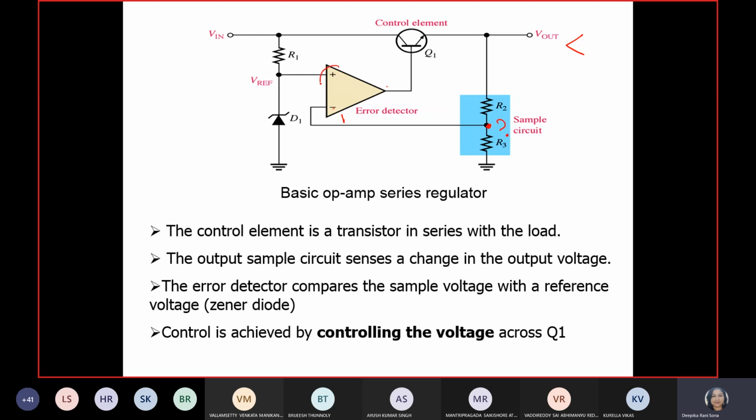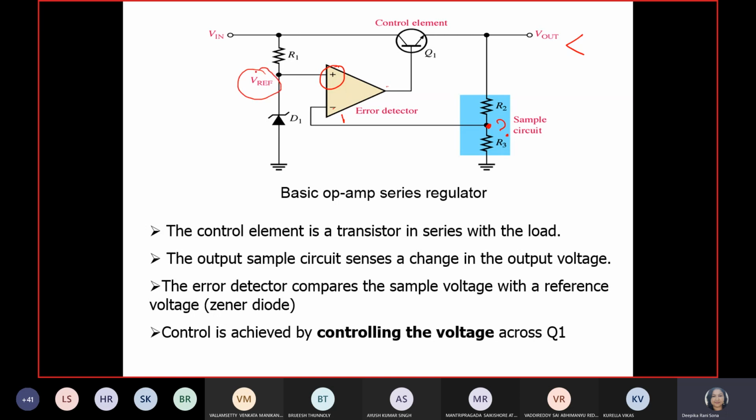Now what is the second input of the op-amp? The second is the non-inverting input of the op-amp. Where is it getting its source? It is getting the input from the Zener diode and resistor combination. This is the regulated part, and whatever voltage it generates is called the reference voltage.